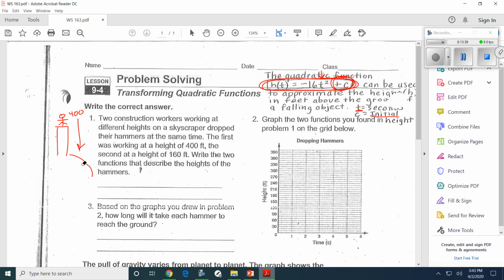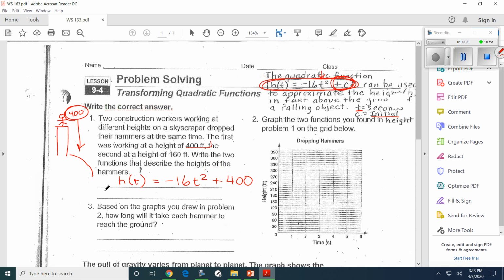All we're going to do is plug in these numbers though. Okay, we don't know the time yet, but we do know that the initial height was 400. So all we have to do to write that is h of t. I'm going to use t in place of x because that represents time. We know it's negative 16 t squared, and all I have to do is fill in the initial height, which is 400.